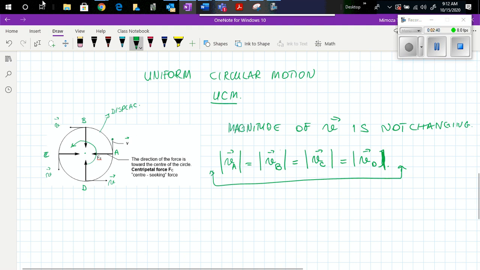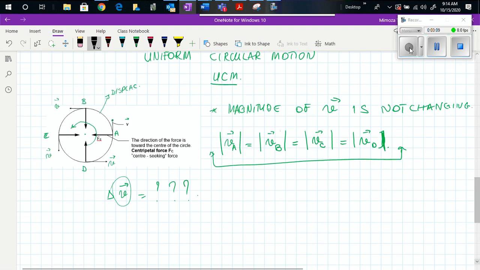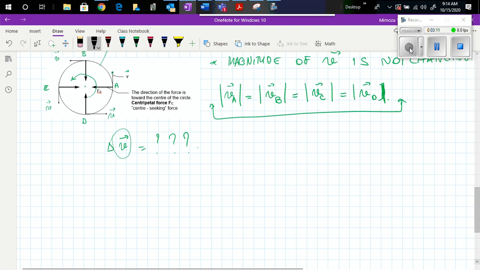But now I want you to think and tell me through the chat if there is a change in the velocity as the object is moving in a circle. There is a change or not? Tell me in the chat. So the change of the velocity will happen even though the magnitude of that vector doesn't change.